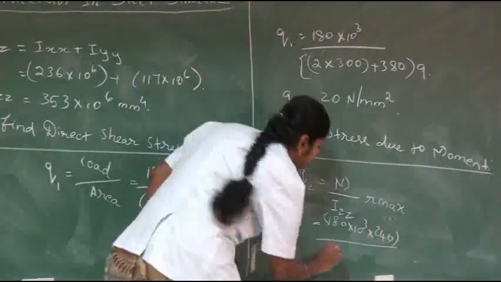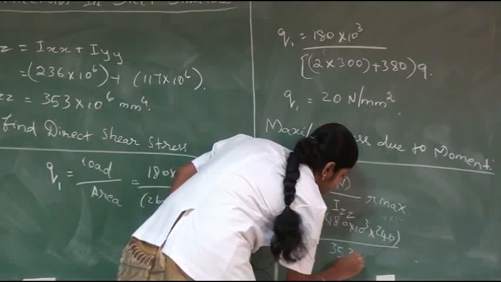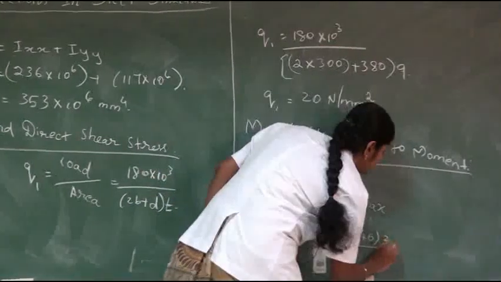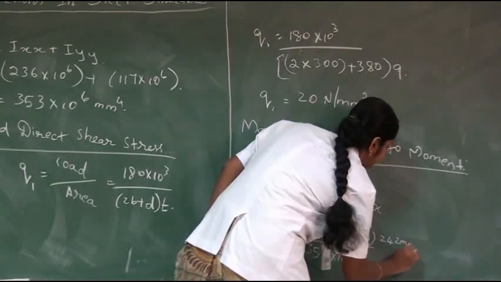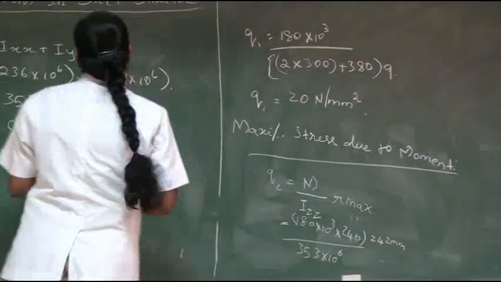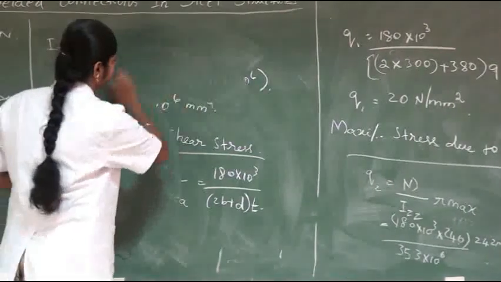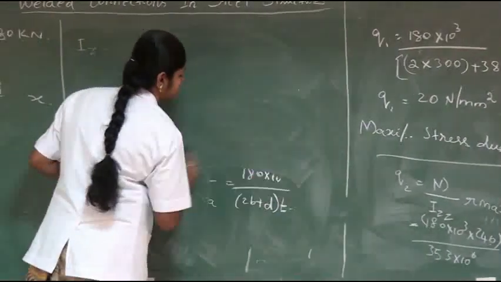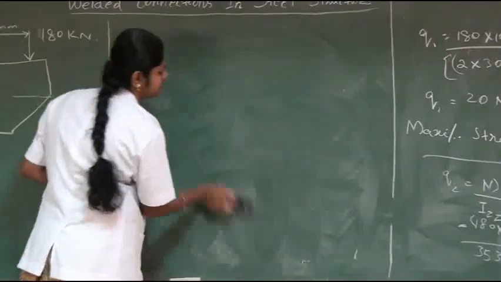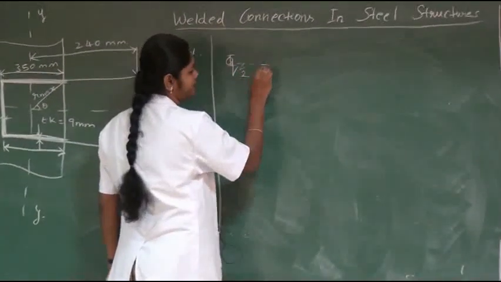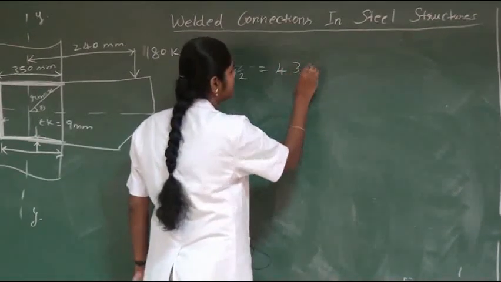The answer is 353 into 10 to the power 6. Then R max is 242 mm. Therefore, the answer for Q2 is 43 megapascal.